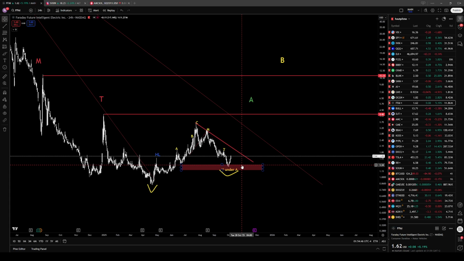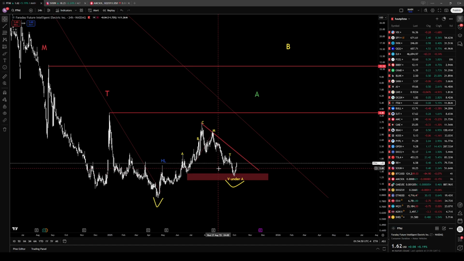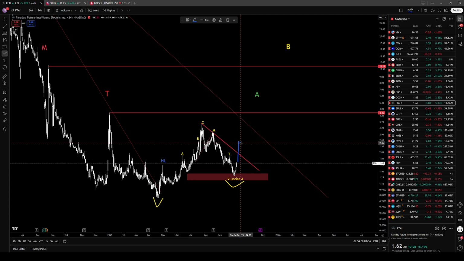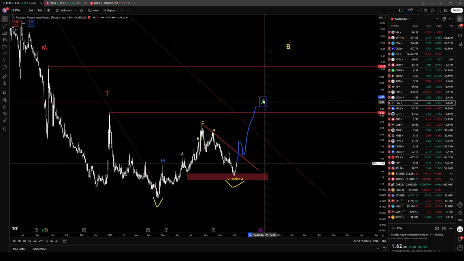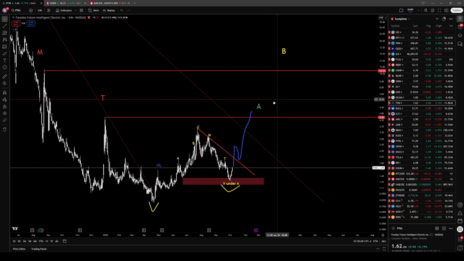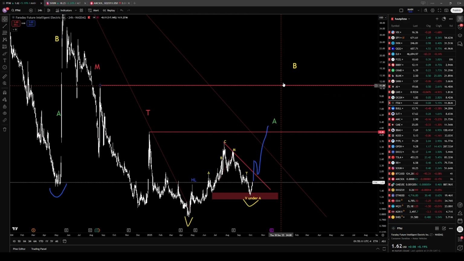With the move yesterday, I mean, nice 5%. I really think the higher low is in. So the next thing you're looking for is a break of this trend, maybe a retest, and then you go to A. My price target is $4 or $5, can be lower, can be higher, then a little pullback.